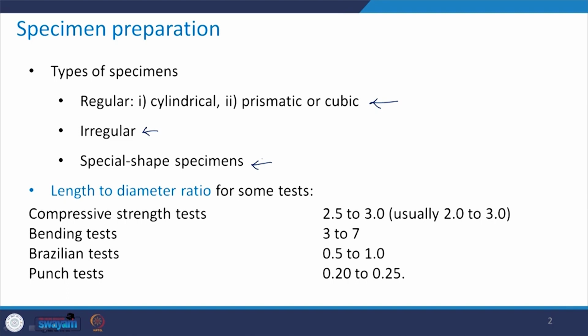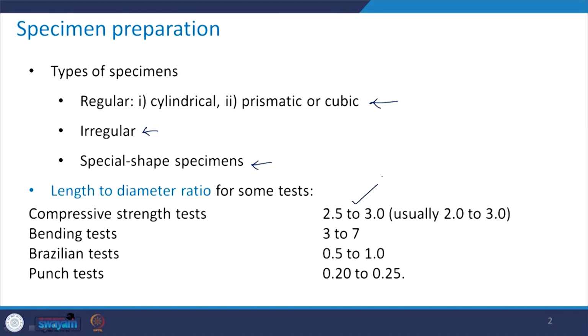In case you have compressive strength tests, the recommended length to diameter ratio should be 2.5 to 3. Sometimes it is very difficult to retrieve such a big specimen, especially in the case of weak rocks.